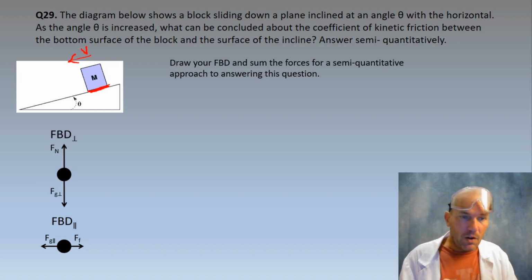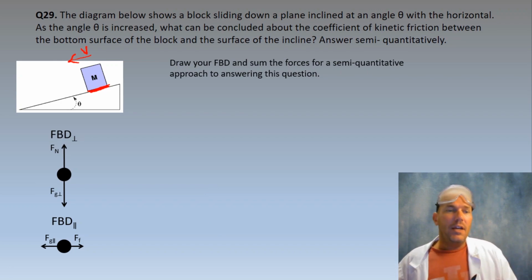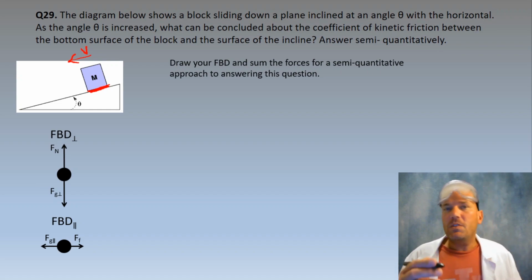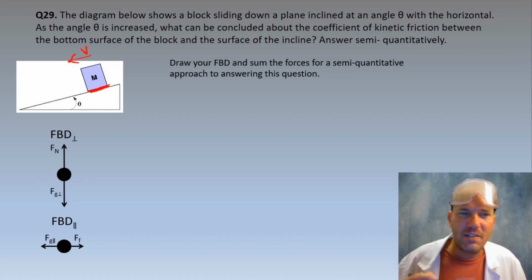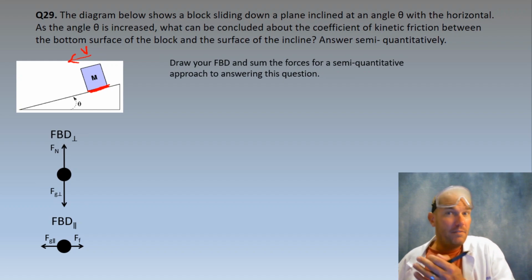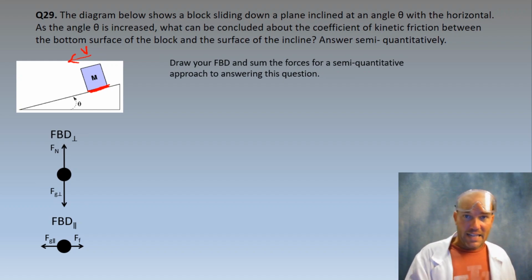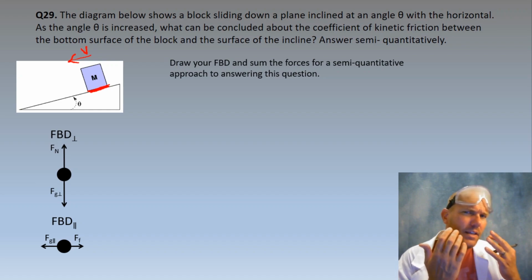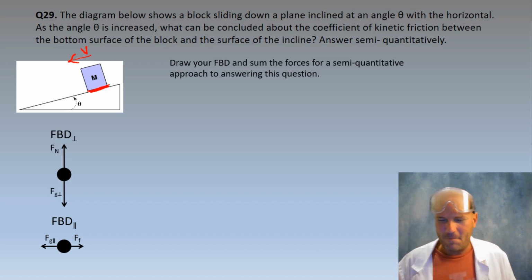So our free body diagram for the forces acting perpendicularly is that force normal and the force of gravity perpendicular are equal in magnitude, opposite in direction. For parallel, we have the force of gravity parallel, which is the driving force for the object down in parallel, but it's being opposed by the kinetic friction, which is up and parallel to the incline.